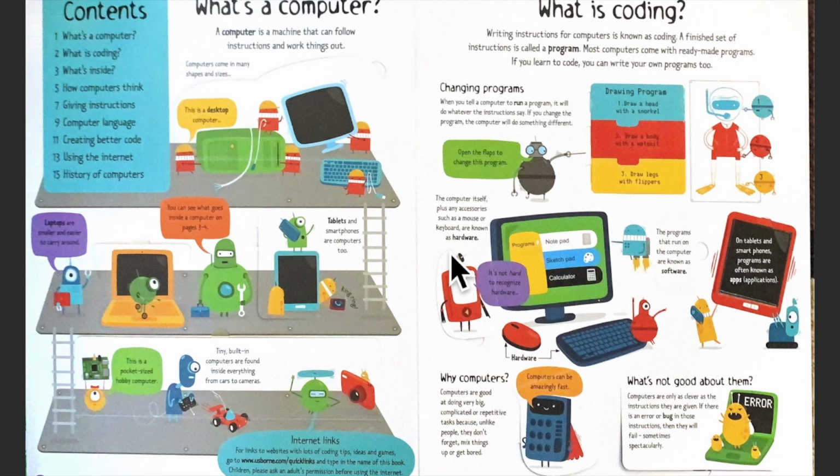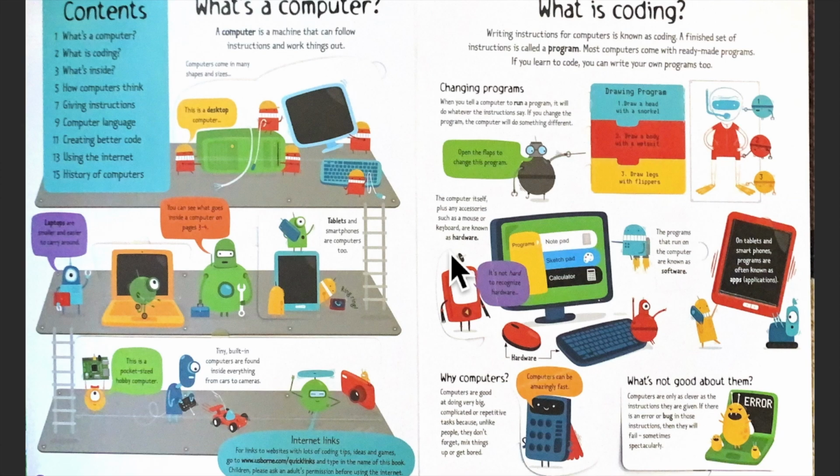The computer itself plus any accessories such as the mouse or keyboard are known as hardware. Hardware is anything that you can touch and feel. Software is the programs within the computer's brain. We write software, and that is what the computer does.